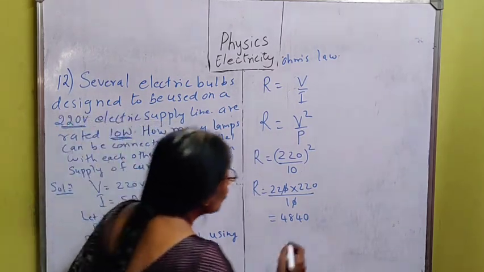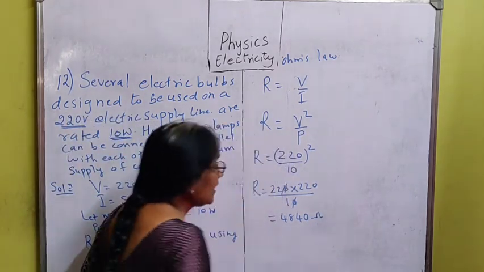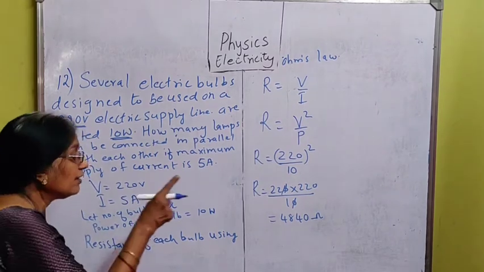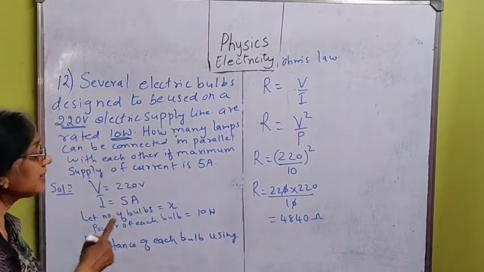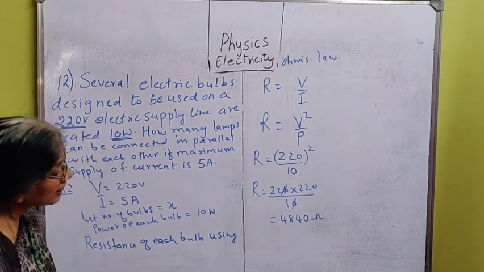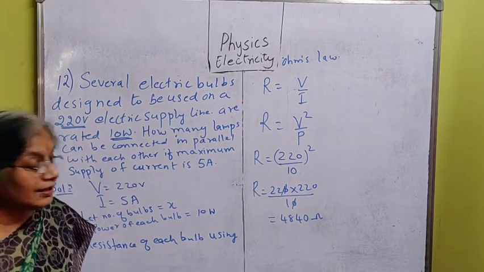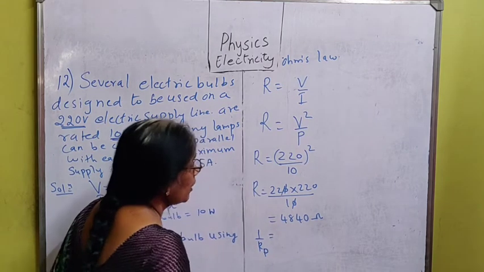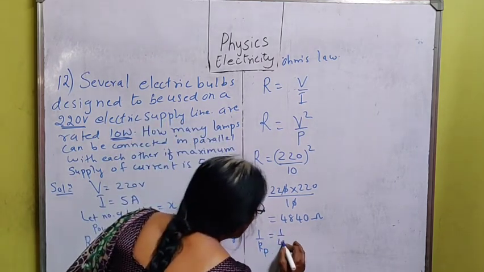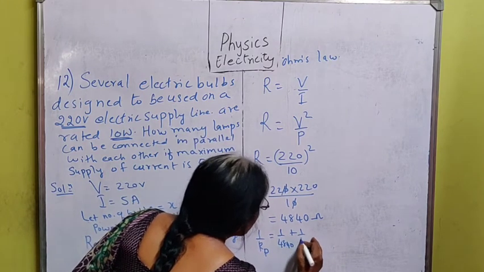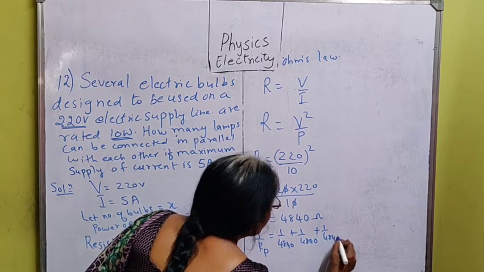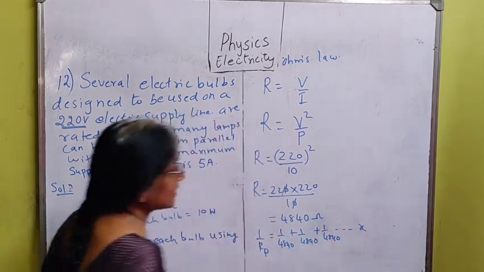4840 ohms. It is the bulb resistance. It is connected in parallel. So 1 by Rp will become equal to 1 by 4840 plus 1 by 4840 plus 1 by 4840 up to x terms.